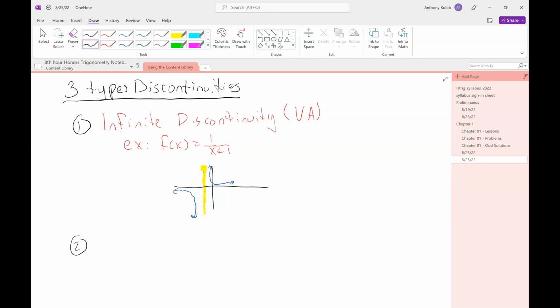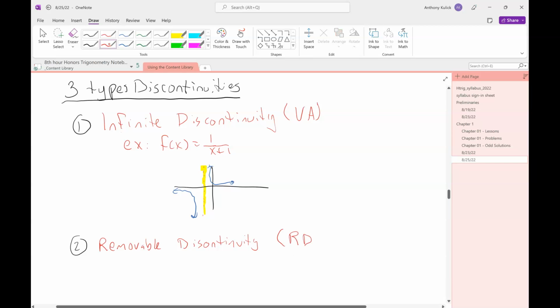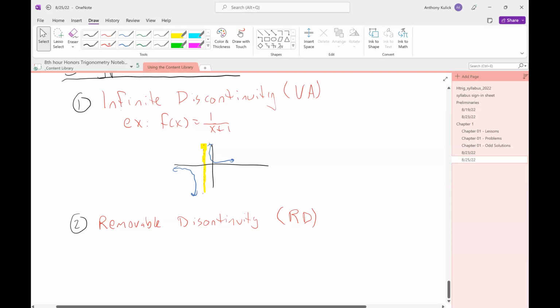The second type, also having to do with rational functions, is called a removable discontinuity. An example would be, say we have f of x equals x squared minus 1 over x plus 1.